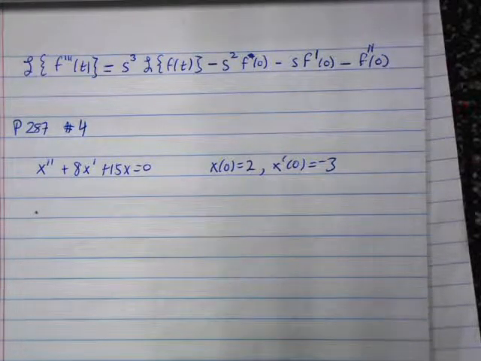We have x double prime plus 8x prime plus 15x equals 0. And we have two initial conditions: x at 0 is 2 and x prime at 0 is negative 3.